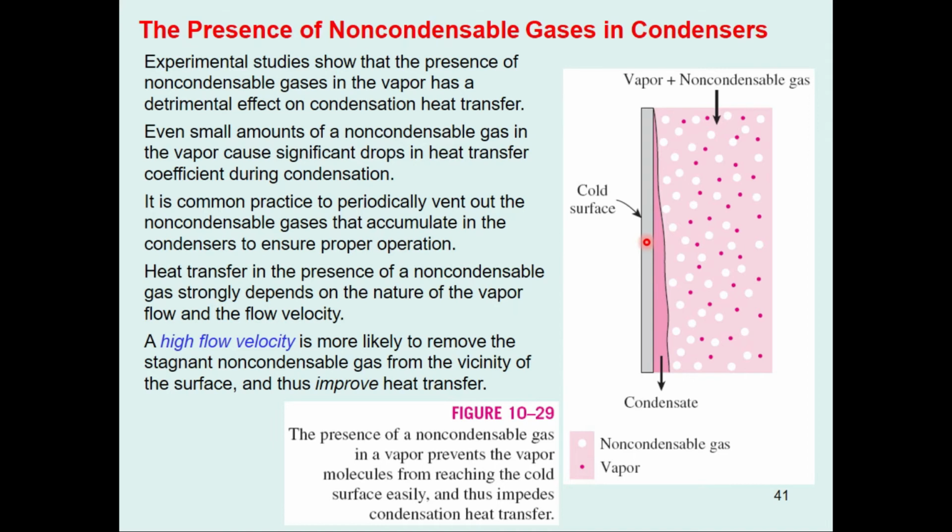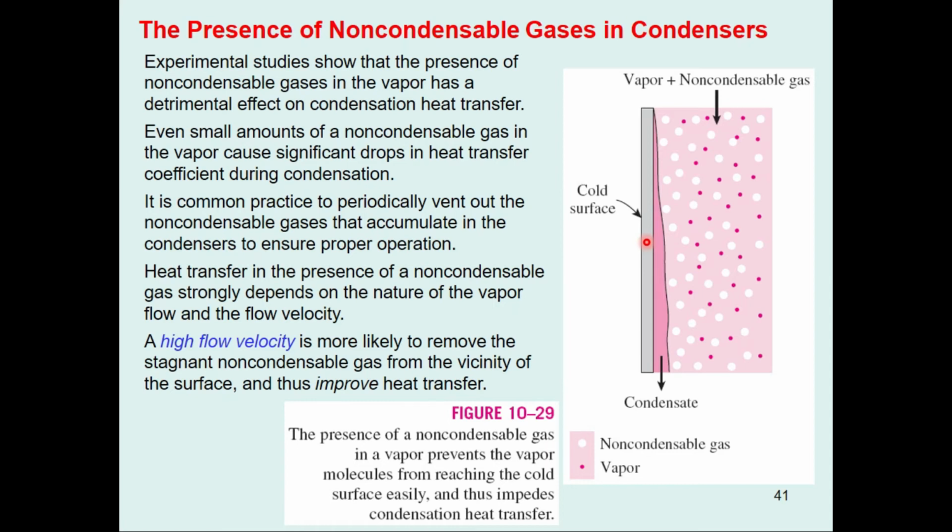Even a small amount of non-condensable gas in the vapor causes a significant drop in the heat transfer coefficient during condensation. So in common practice we have to remove these non-condensable gases from the condenser, so that the vapor in the condenser can easily condense down to liquid.